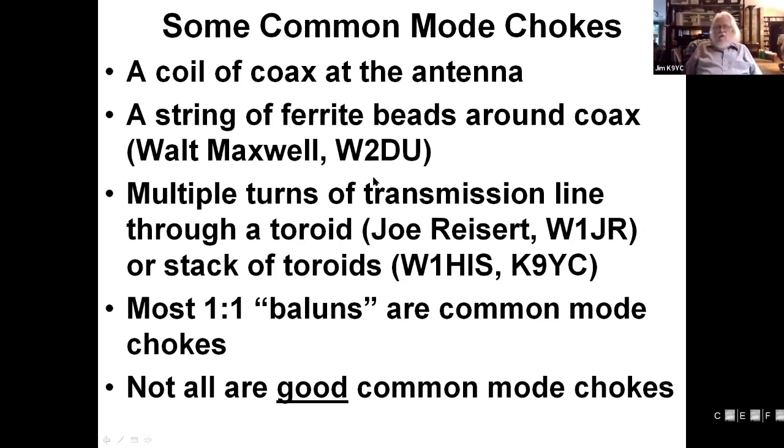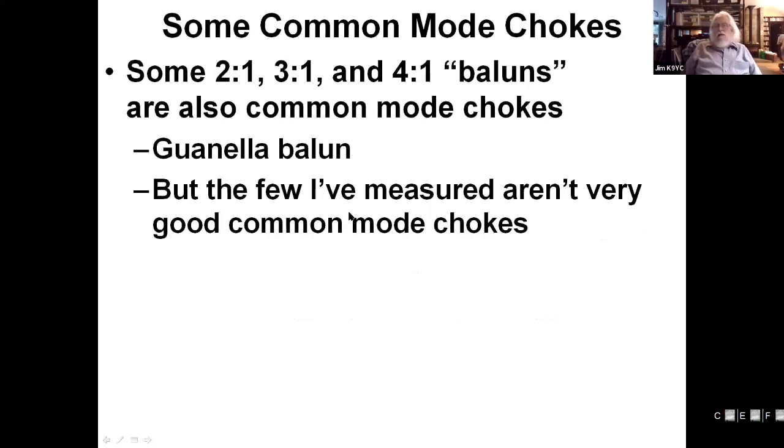The next form was multiple turns of transmission line through a toroid. Joe Reisert, W1HIS, worked on that, and I came along on it. Most one-to-one baluns are common mode chokes, but not all are good common mode chokes. And here are some examples.